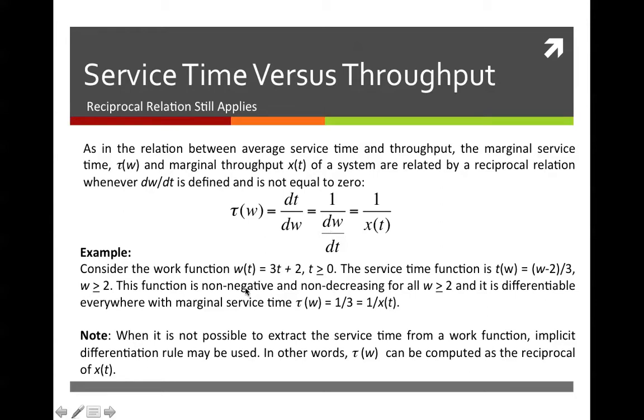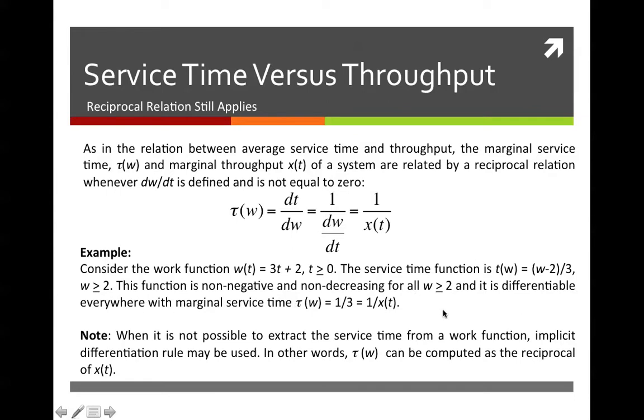So here's an example. We're given a work function, 3t plus 2, for all t greater than or equal to 0. The service time function is then given by T(w), which you just obtain by solving for t in terms of w, and you get this formula. For w greater than or equal to 2, this function is clearly non-negative and non-decreasing.